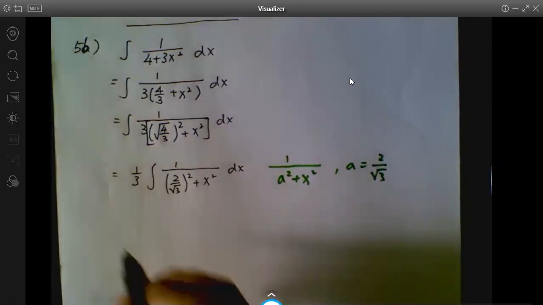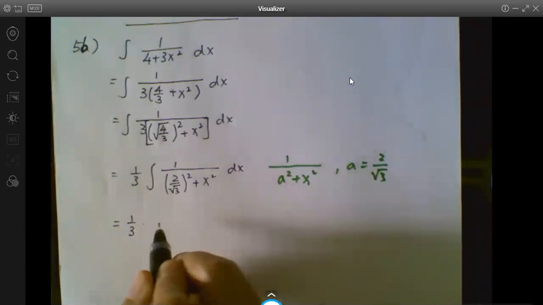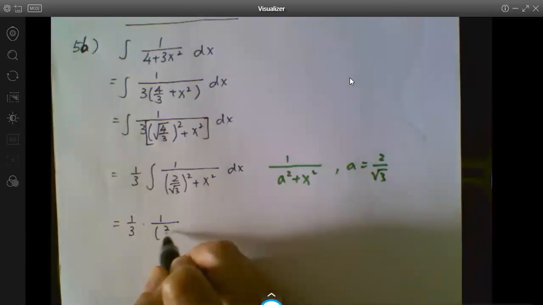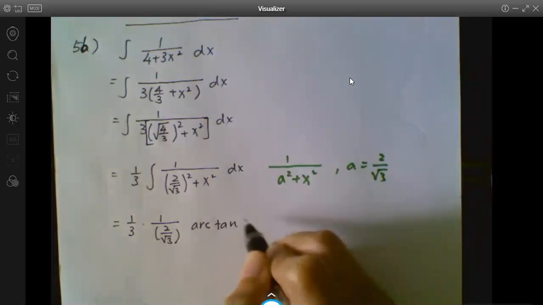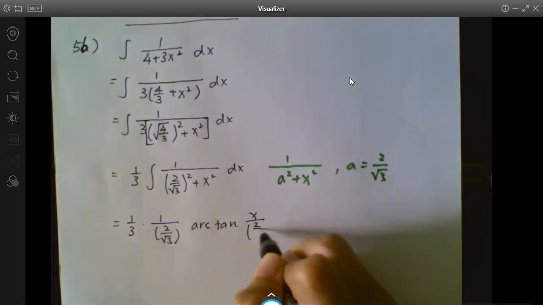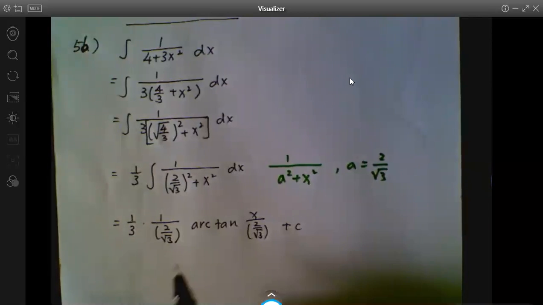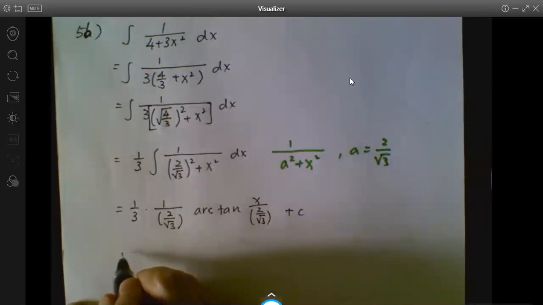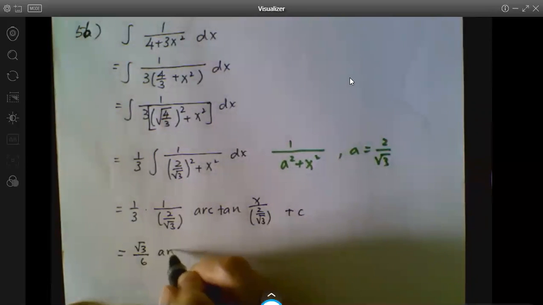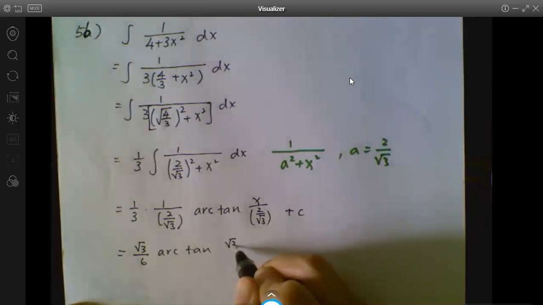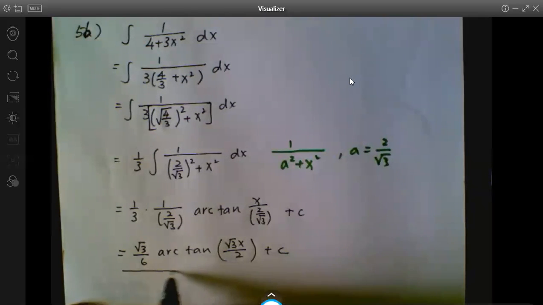And then let's just apply the formula. There is a 1 over a, arc tangent x over a, and then plus c. Then we deal with simplifying the fraction. There you go.